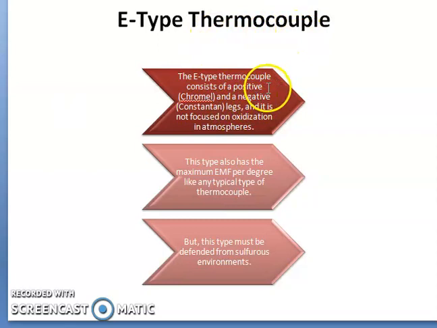And the E-type thermocouple. The E-type thermocouple consists of positive and negative legs, which are made up of chromel and constantan, and it is not focused on oxidizing atmospheres. This type also has the maximum EMF per degree among the typical types of thermocouple, but this type must be protected from sulfurous environments.